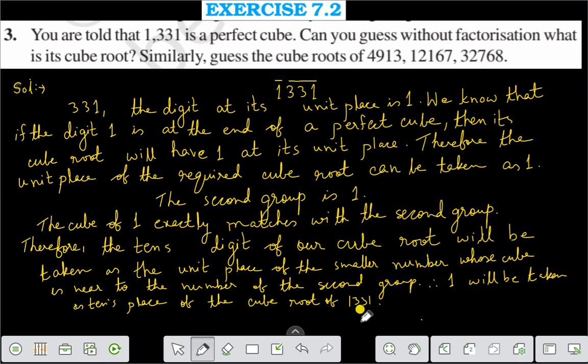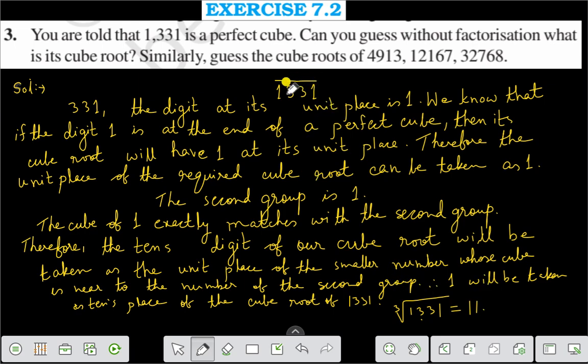There we can find that the cube root of 1331 is equal to 11, right?